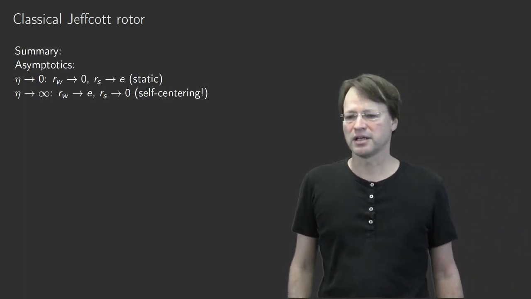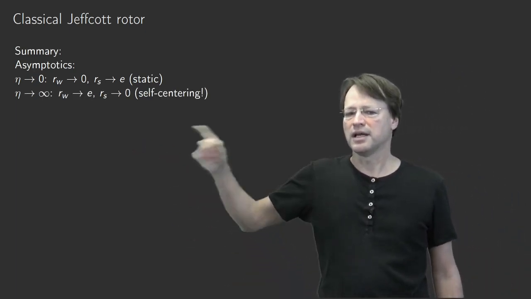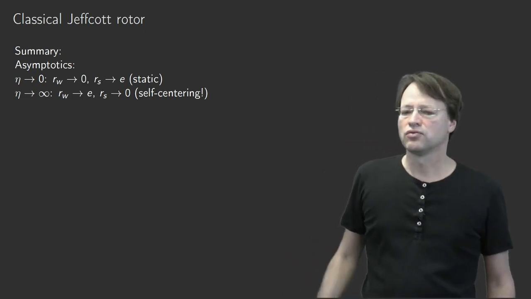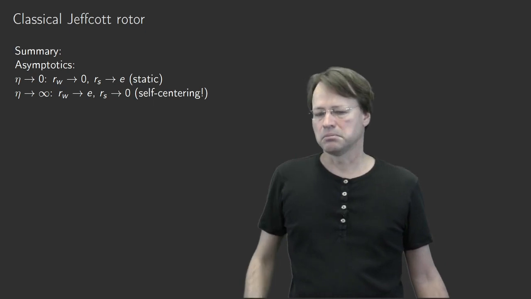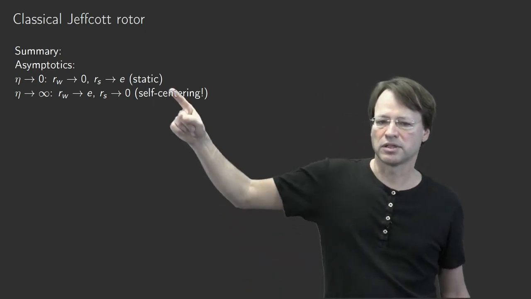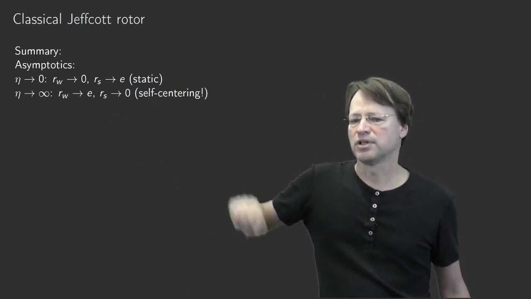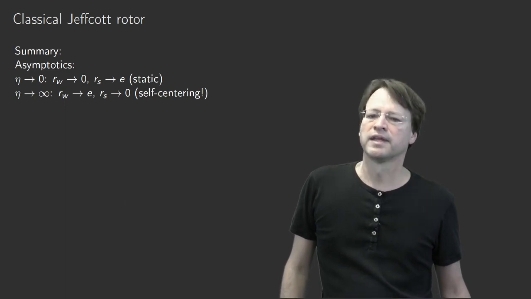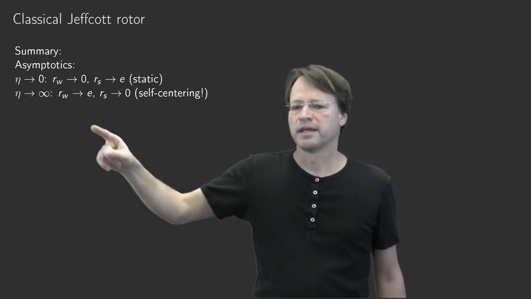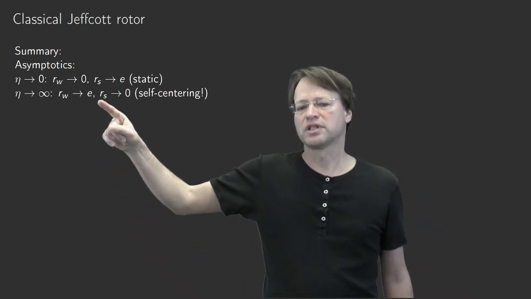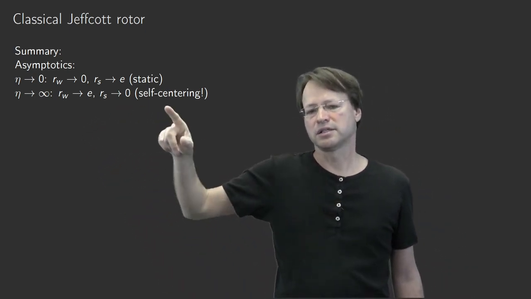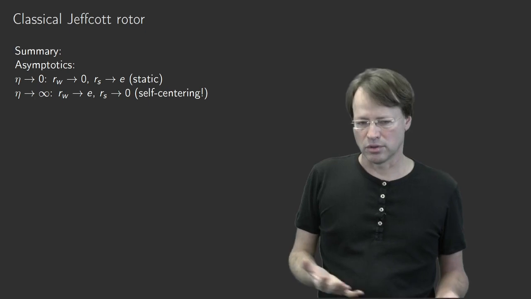Let's look again at the asymptotics here. So for low-speed rotors, Rs is equal to or close to E. That would be the static case, and R sub W is then equal to 0. And for the high-speed case, R sub W moves then to E, and Rs is then equal to or close to 0.